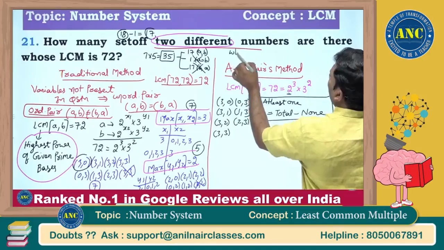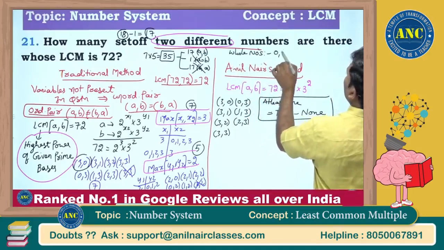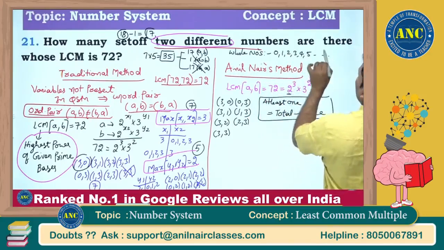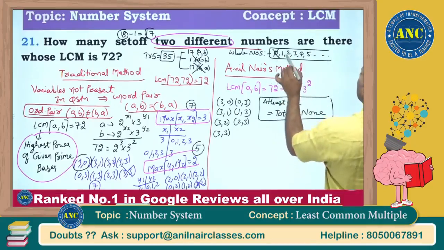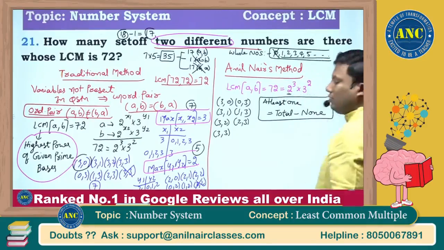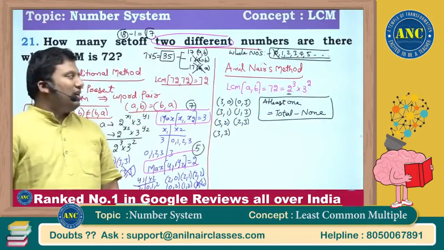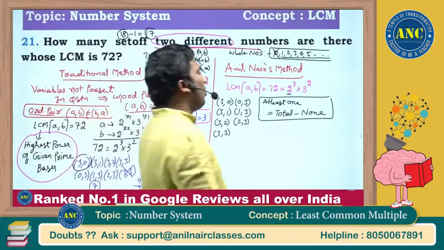Suppose I take whole numbers, defined as 0, 1, 2, 3, 4, 5. These are total numbers. Minus none, where none is 0. I will get at least one. At least one is nothing but total minus none. If you understand this simple concept, you got the answer.